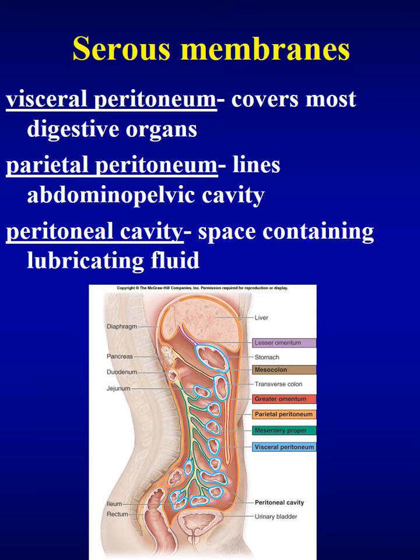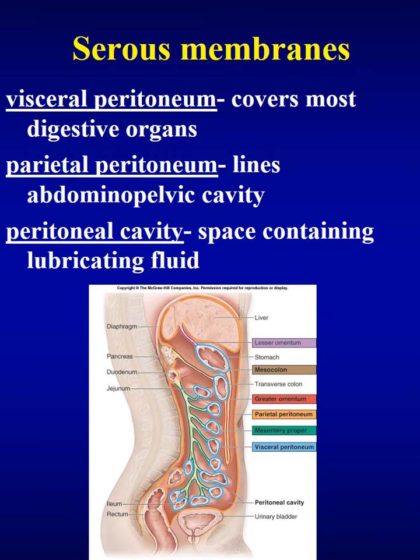In between these two layers is the peritoneal cavity, which is a potential space where the peritoneal layers that face each other secrete a lubricating serous fluid. The thin layer of fluid in the peritoneal cavity lubricates both the body wall and the internal organ surfaces, allowing the abdominal organs to move freely and reducing any friction from movement with digestion.